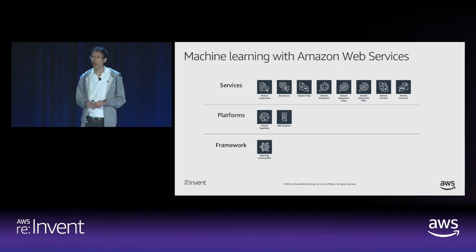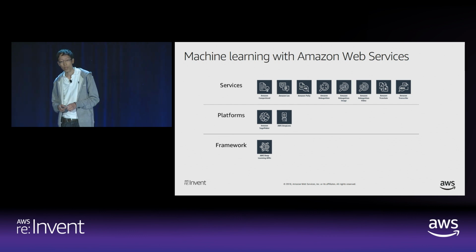And the last one is a framework, where you can do very deep customizations of your implementations. So you can just use the image, for example, the Deep Learning AMI, and so you can implement your algorithms and also the workflow on that.